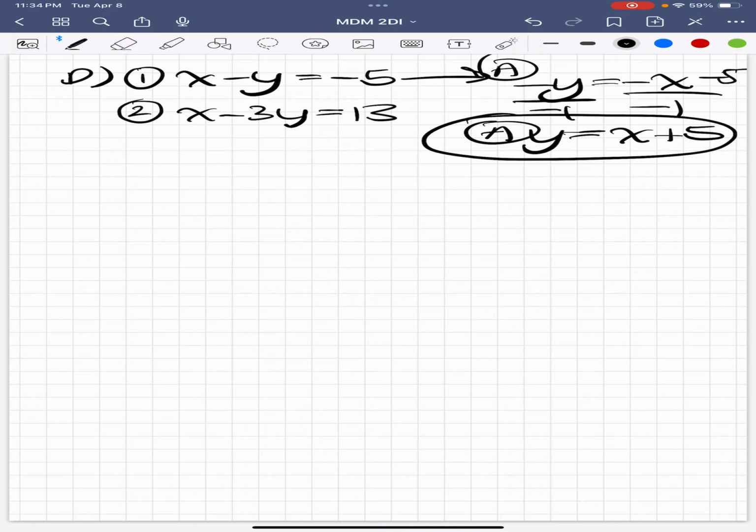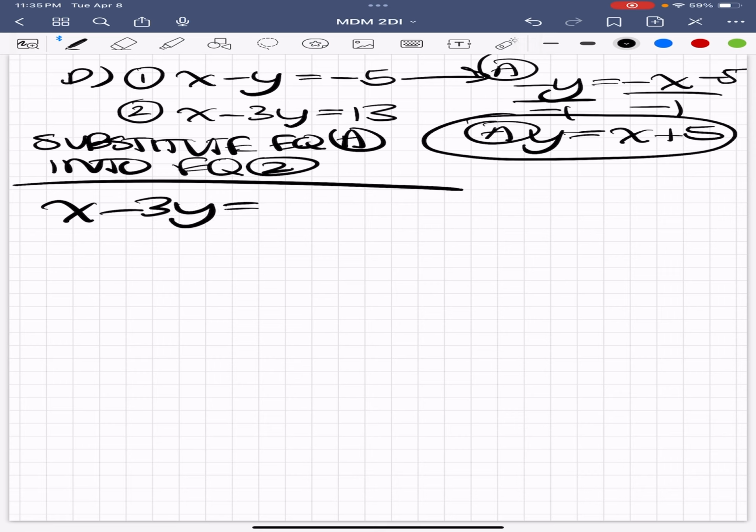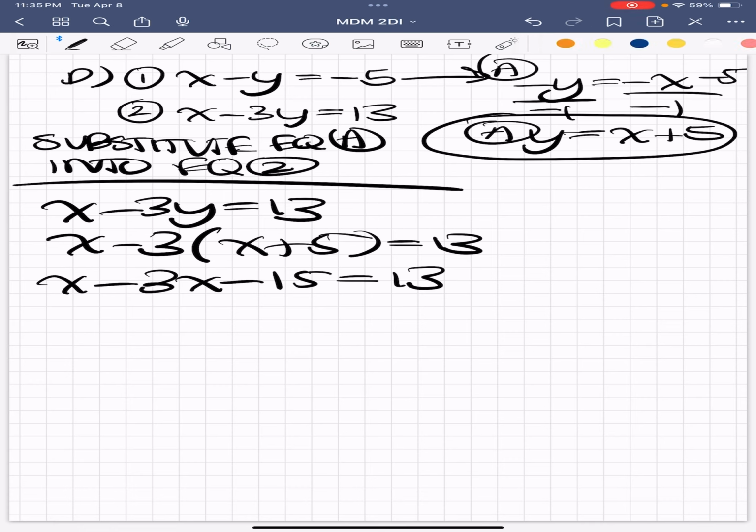And then we are going to substitute equation A into equation 2. So we have x minus 3y equals 13, x minus 3(x plus 5) equals 13. We expanded with the coefficient in front.